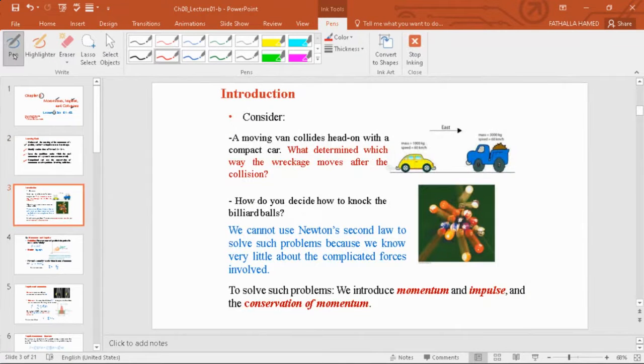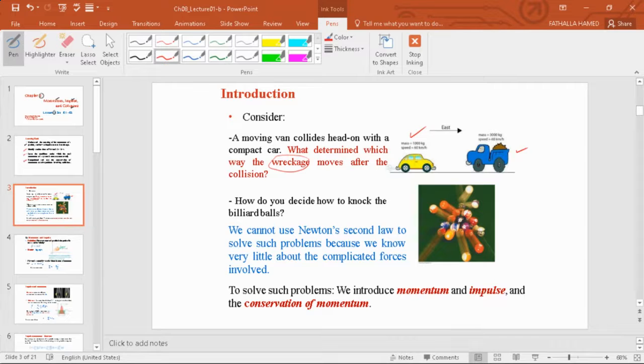As an introductory slide here, you have a truck that's about to collide with a small car, and we want to know what happens after the collision. Which way does the wreckage move after the collision?